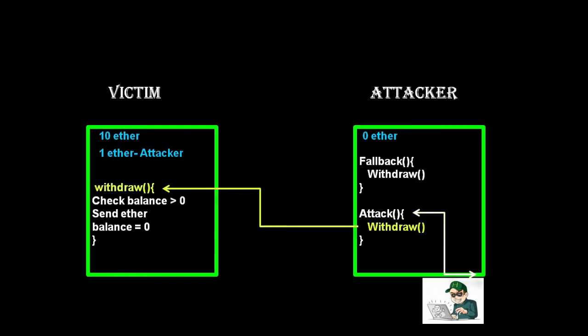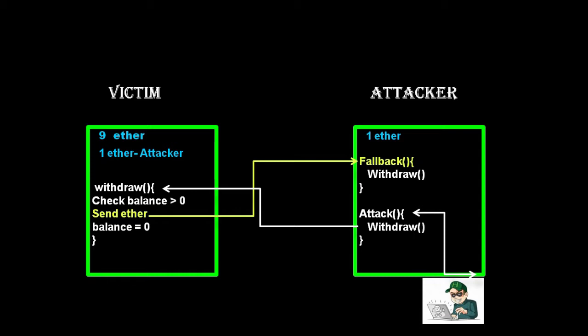This will call the withdraw function inside victim. Contract attacker is the caller and its balance is greater than 0, so victim contract sends 1 ether to contract attacker. When victim contract sends ether to attacker, it triggers the fallback function of the attacker contract.